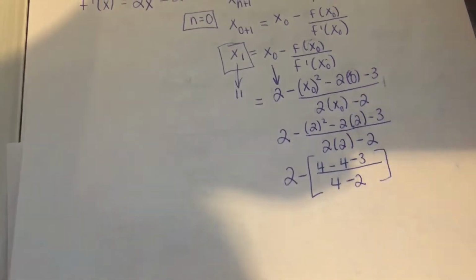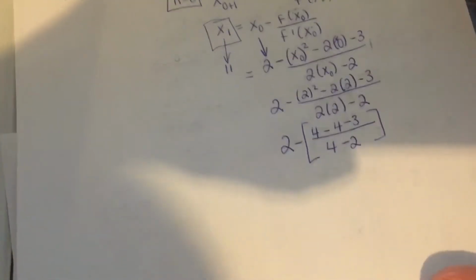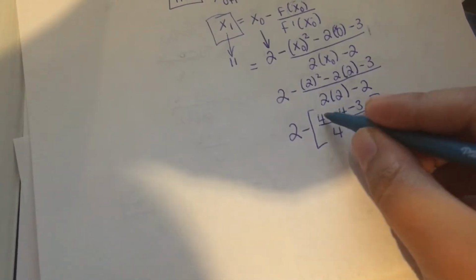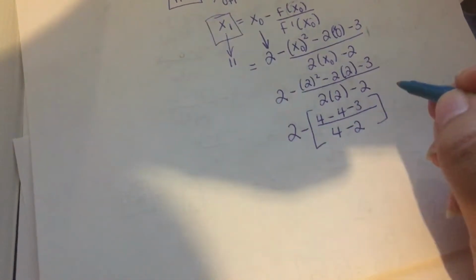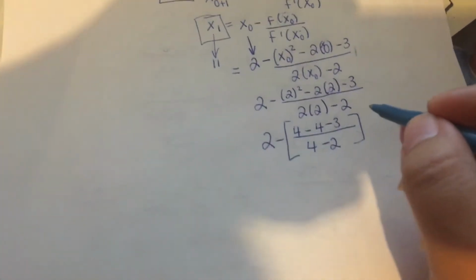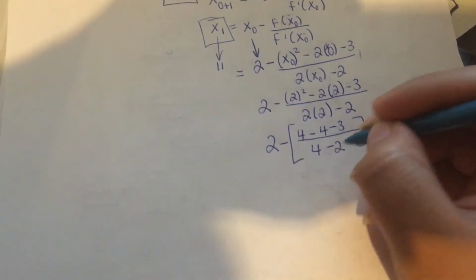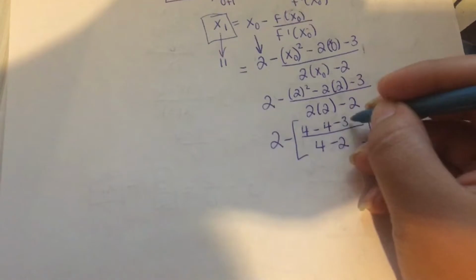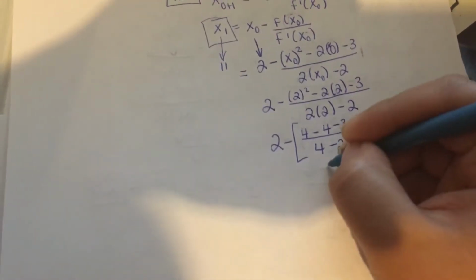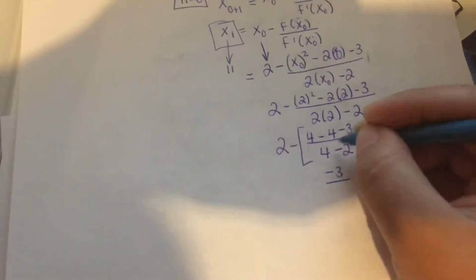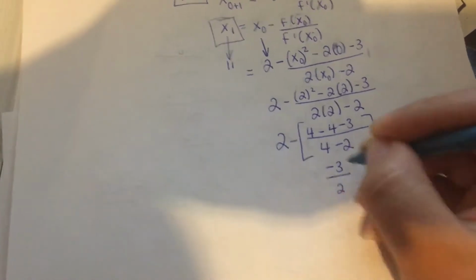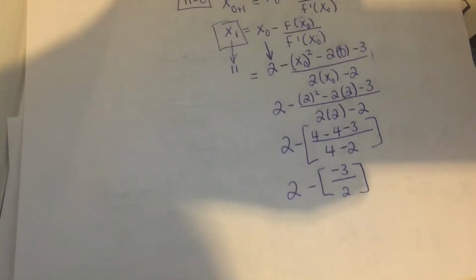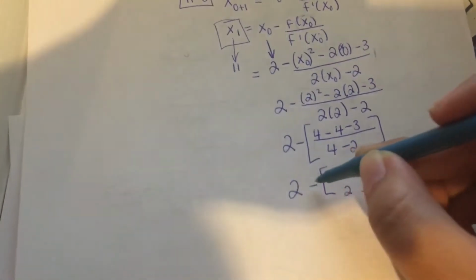I'm going to put this in parentheses so it doesn't throw anybody off. 4 minus 4, sorry about that, I'm holding it sideways. 4 minus 4 is 0, 0 minus 3, negative 3 over 4 minus 2, that's just 2, and our 2 minus that.